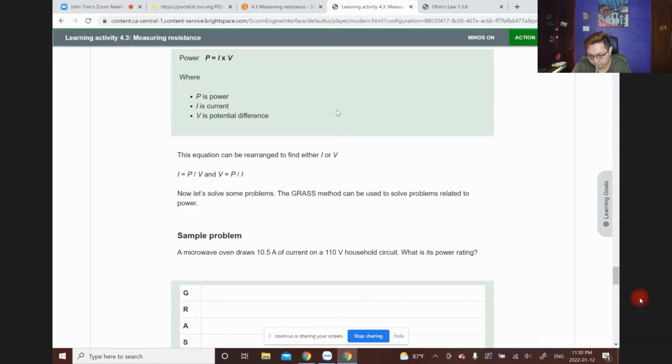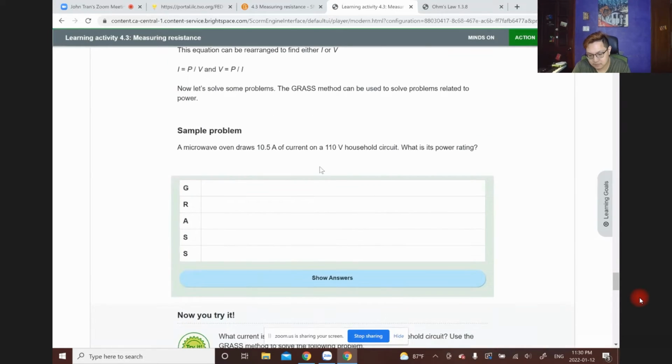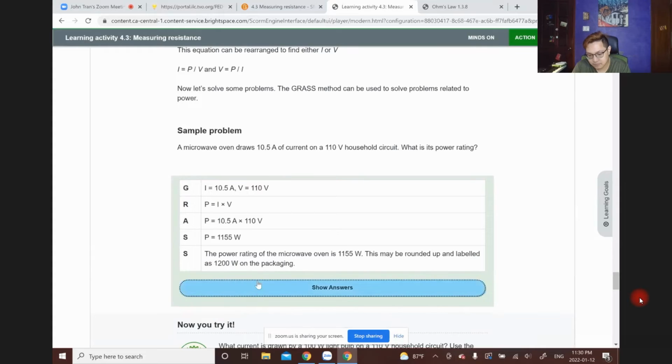So it should be 10.5 multiplied by 110, which should be 1,155. I think that's the power rating. Yeah, the power rating of the microwave oven is 1,155 W. This may be rounded up and labeled as 1,200 W on the packaging.